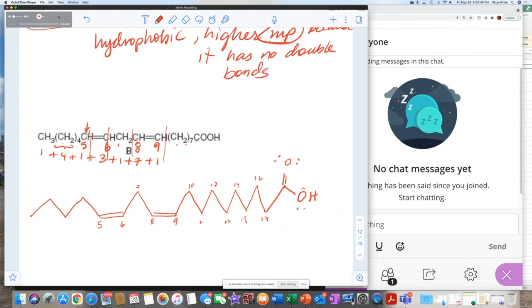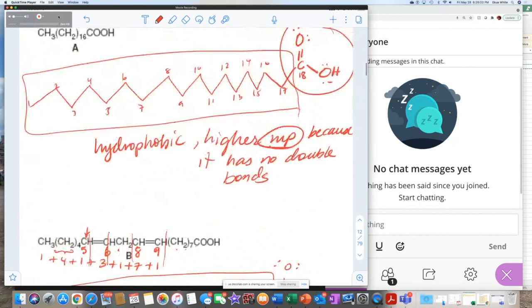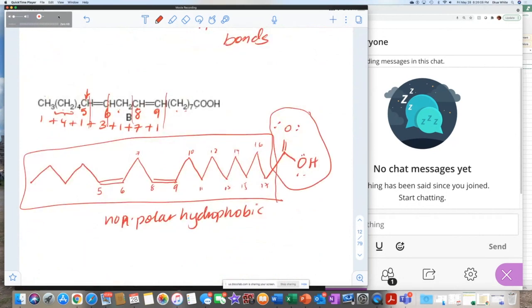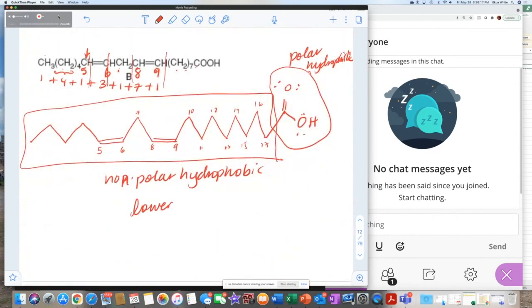As usual, this whole portion here will be our non-polar, hydrophobic part. And then this small section here will be polar, hydrophilic. And I already said this is going to have a lower melting point because of double bonds.